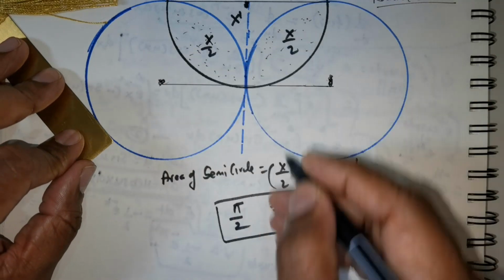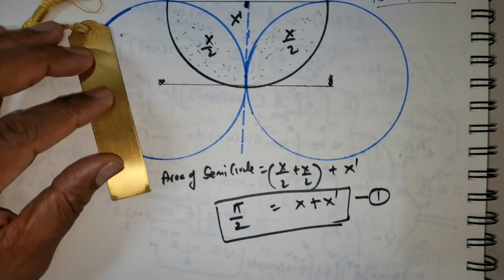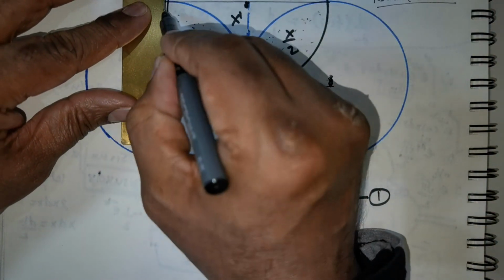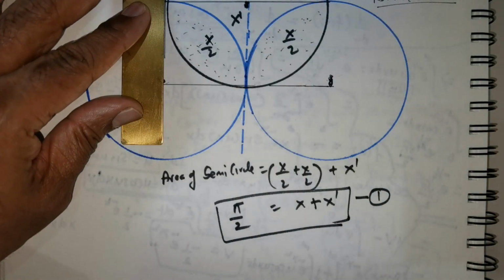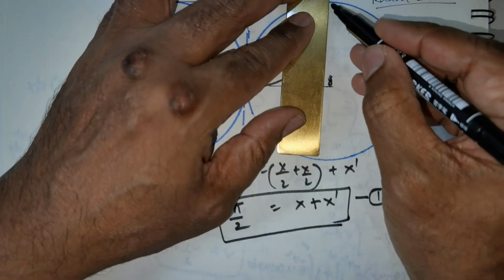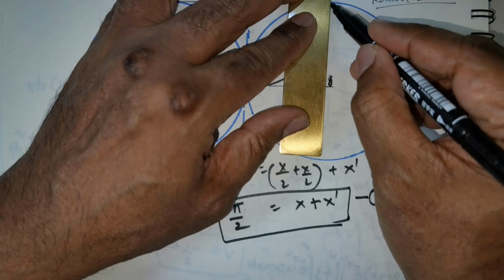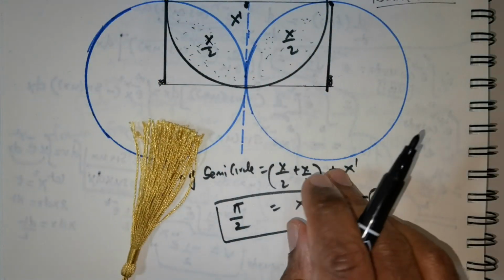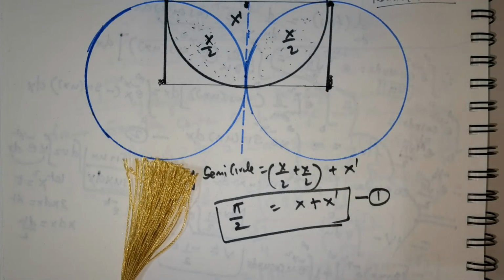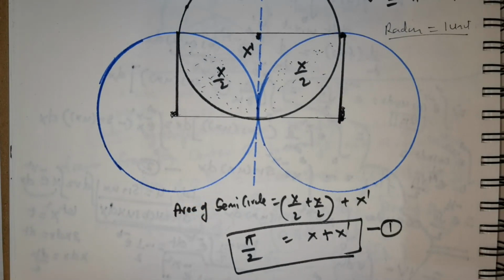This is the center, this is the center, and if I were to complete this rectangle, okay, I'm going to get a shape like this, okay? So this is a rectangle.